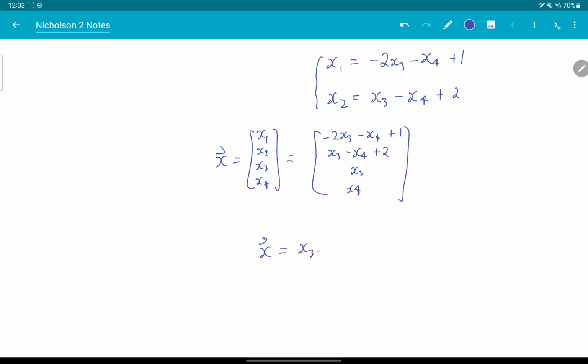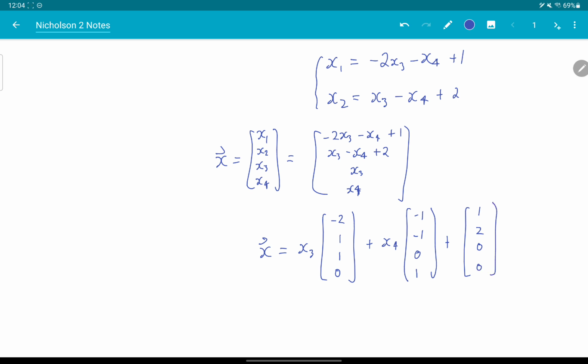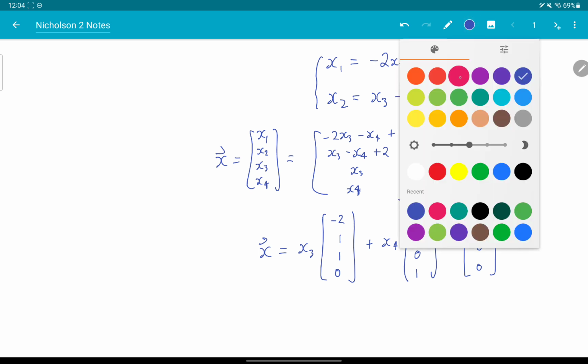So we get x3 times a vector minus 2, 1, 1, 0, plus x4 times a vector minus 1, 0, 1, 0, and then plus a constant vector 1, 2, 0, 0. Okay, this is our answer.